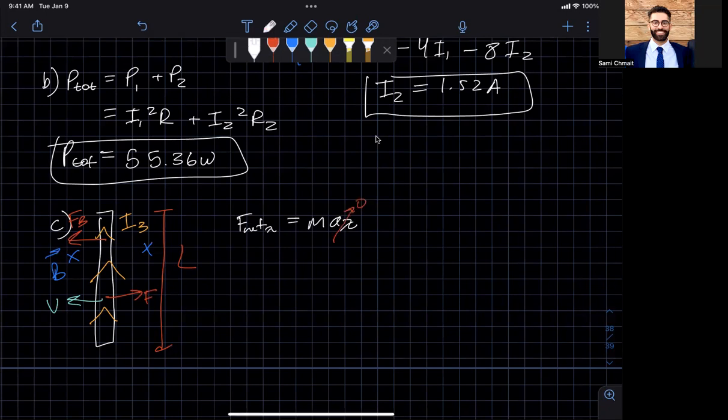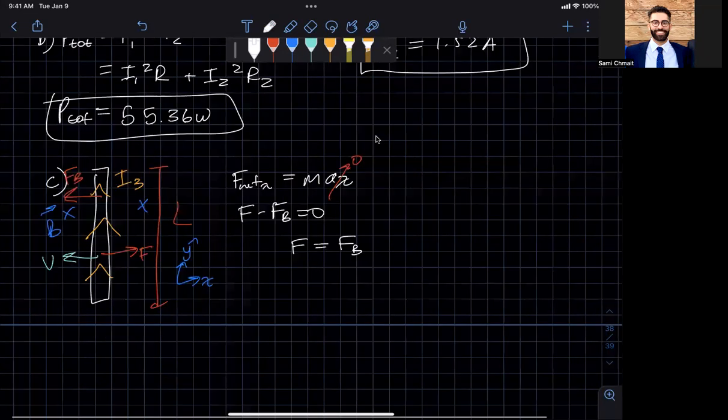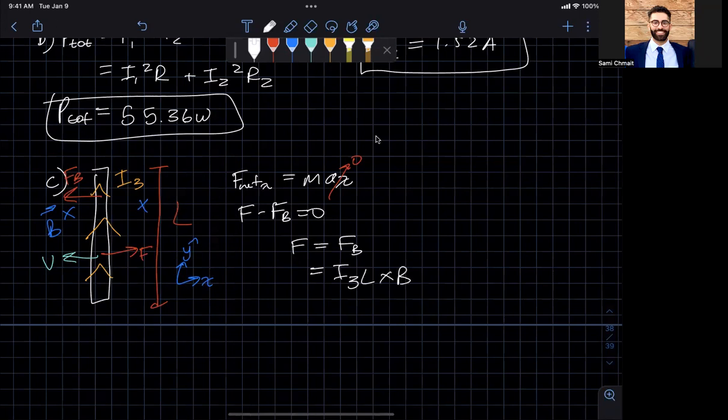Our force is acting here. We can draw a coordinate system. F minus FB is equal to 0. We can now solve for this force through the expression of FB. FB is equal to I3 L cross B. It's going to be 90 degrees, so we don't really have to worry about that.